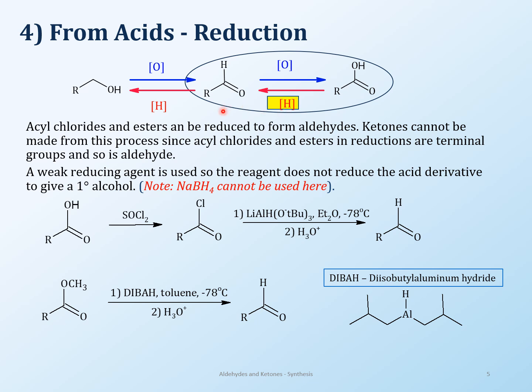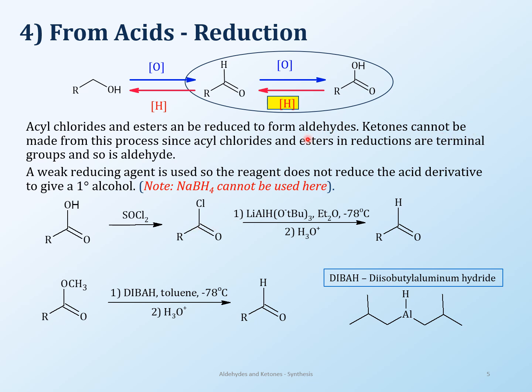You cannot form ketones this way. So acids are terminal groups, and any of the derivatives of acids, and I know we haven't quite done acids yet, but you can take an acid or you can take an ester also. Any of those, you can reduce to give you an aldehyde. You cannot get a ketone. Okay, over here also I've said that. So ketones cannot be made this way.